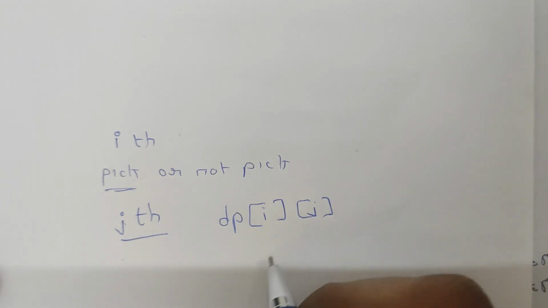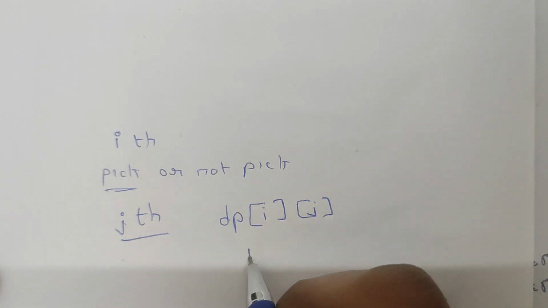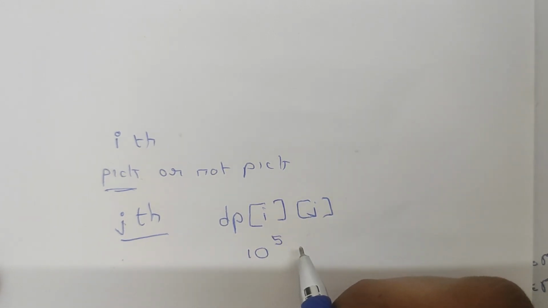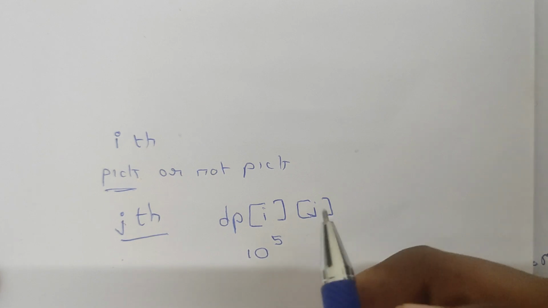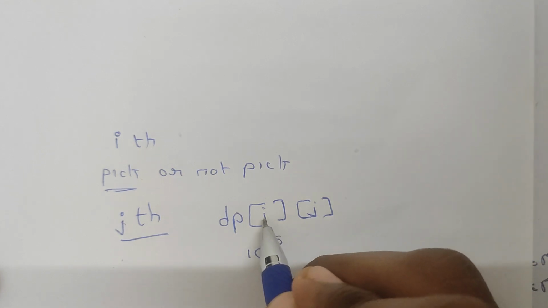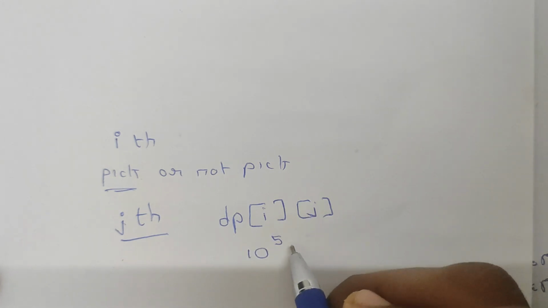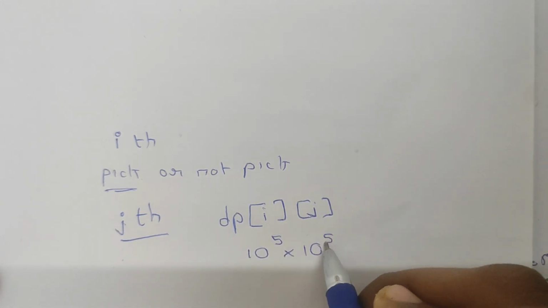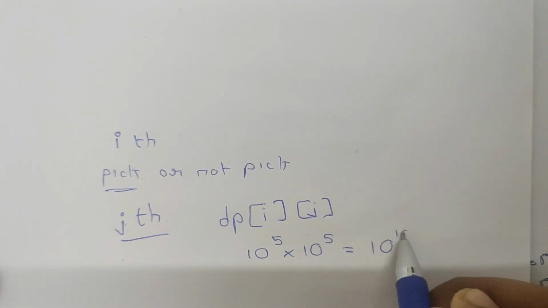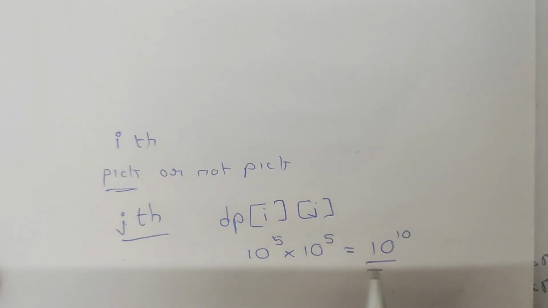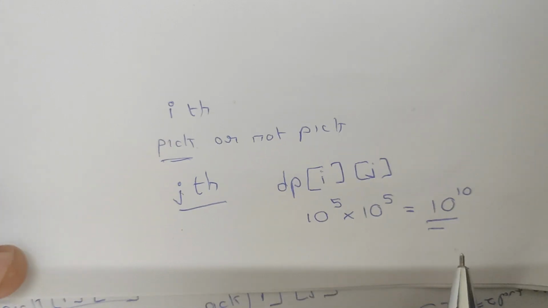It is given that i and j can be up to 10 raised to 5. So the total will be 10 raised to 10. This will cause very high time complexity and very high space complexity, so we can't use these two states. We have to choose some other states.